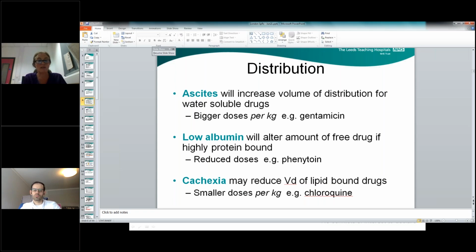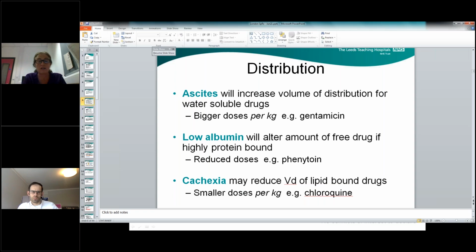Drugs that are highly protein bound will have more free drug in patients who are cirrhotic, who have end stage liver disease, because they're likely to have low albumin, and that means there's less protein for the drug to bind to, and so more free drug, and consequently a much higher risk of side effects from those drugs.